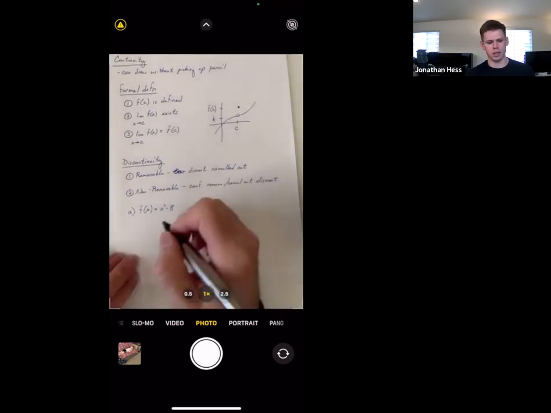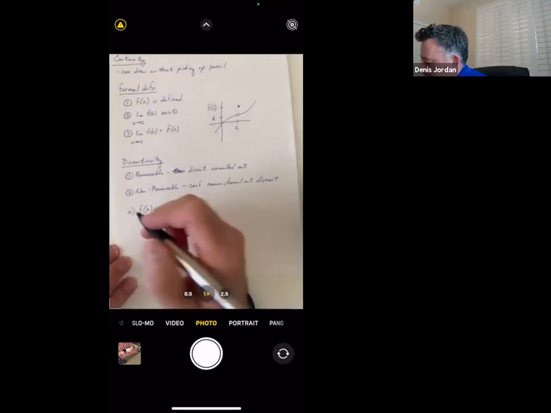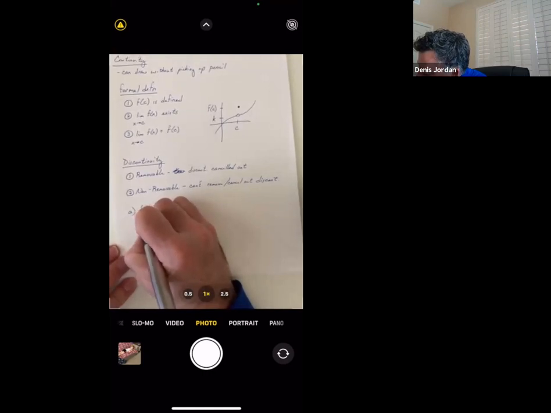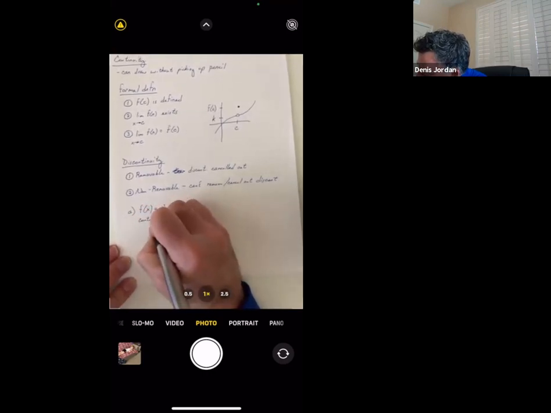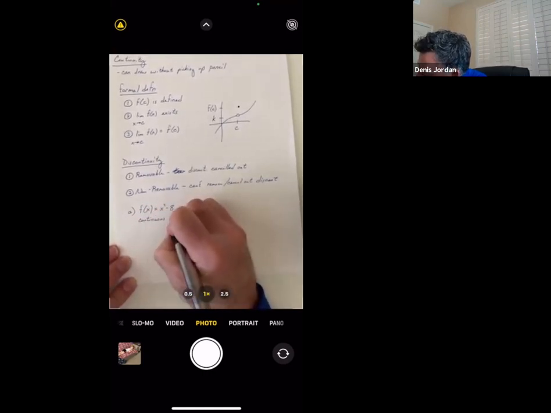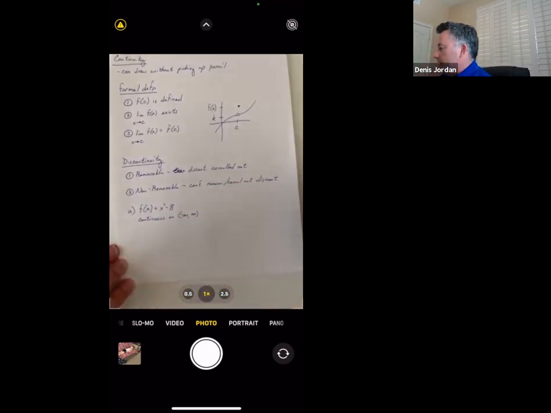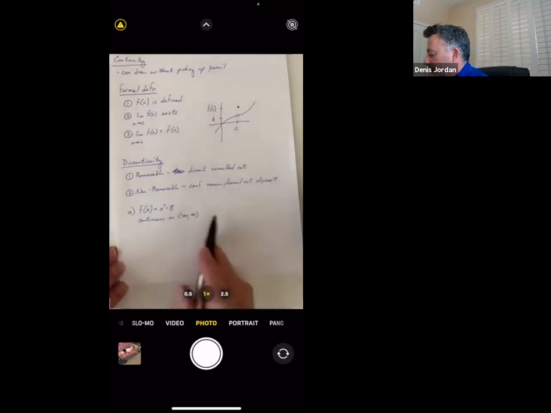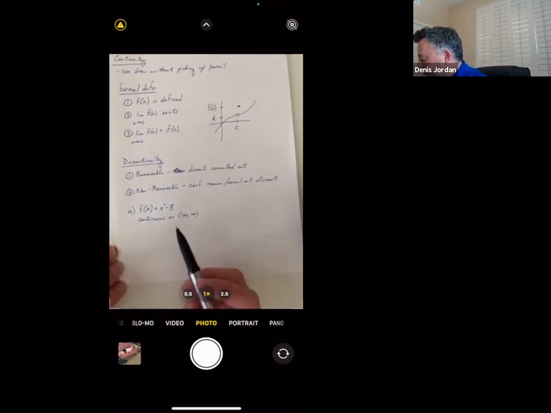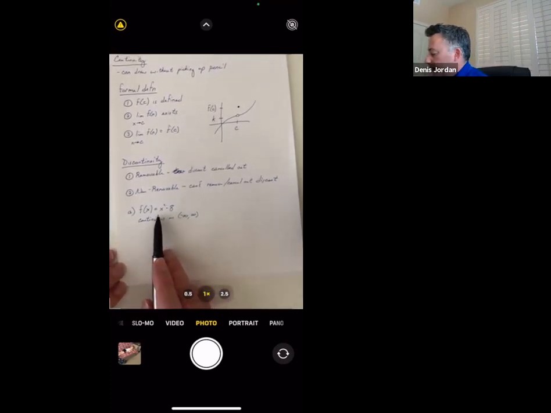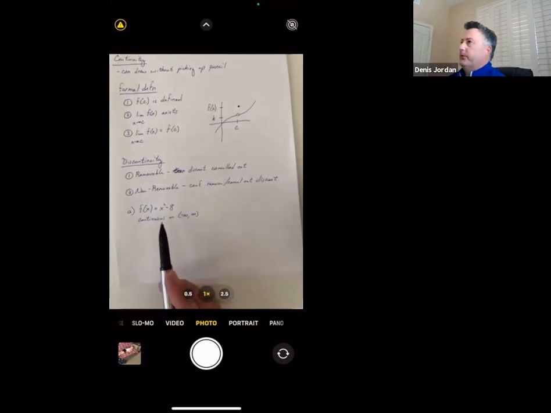Where is it continuous, and list out your discontinuities? Everywhere continuous. Yep, everywhere continuous. Continuous on negative infinity to infinity. So with this one, there are no points of discontinuity. Is that true for every polynomial?